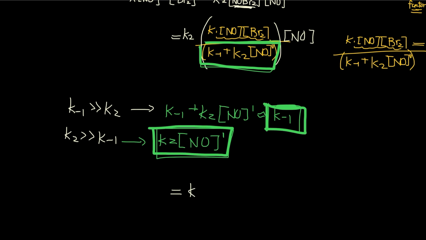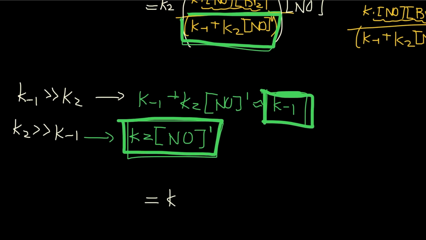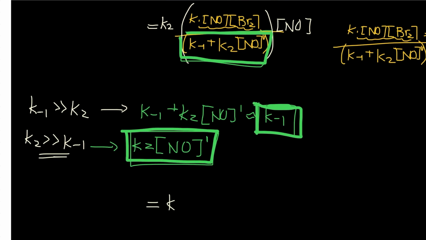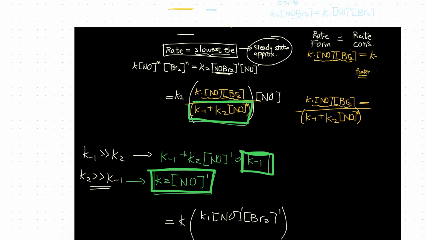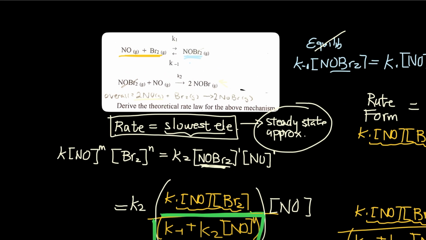So for instance, I'm just going to pick one to finish our problem here. I'm going to pick where K2 is greater than K1. So I'll just substitute everything in. And always remember your coefficients that become reaction order in elementary steps. So for instance, like this here, if you needed to use that, and if it's here, don't forget it.